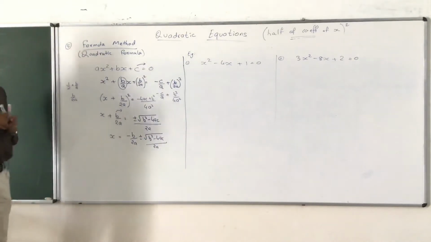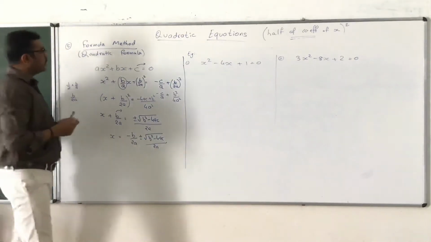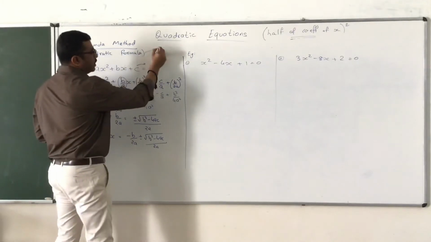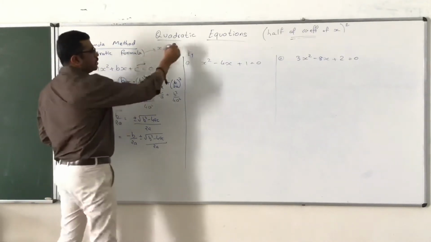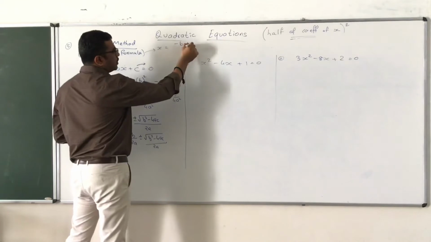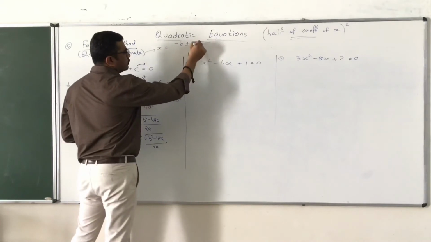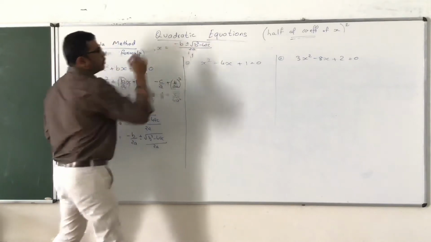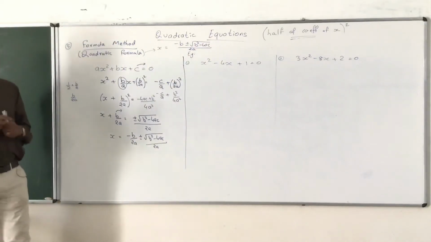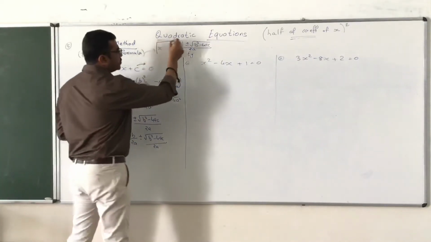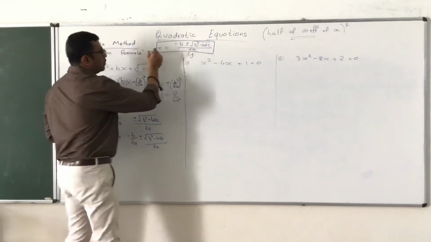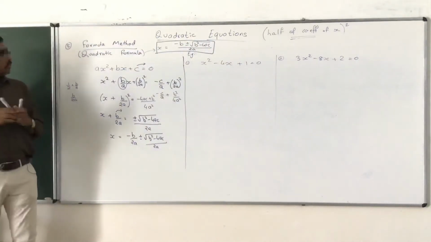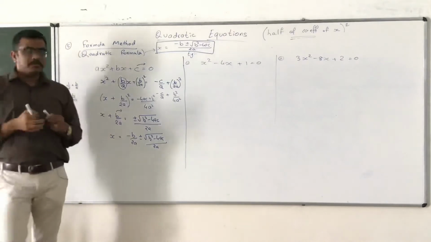Now the LCM being the same, we can write this formula as negative b plus or minus square root of b squared minus 4ac all upon 2a. This is the formula which we were talking about, that is called the quadratic formula.